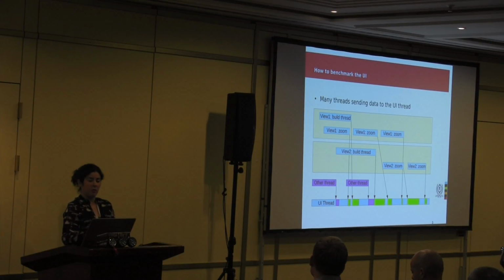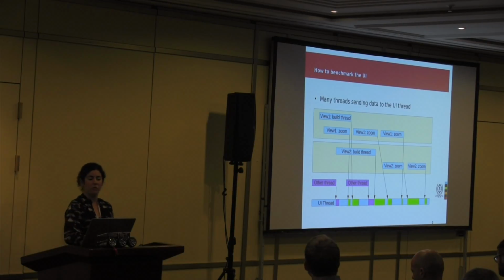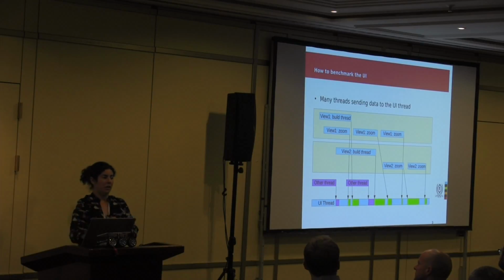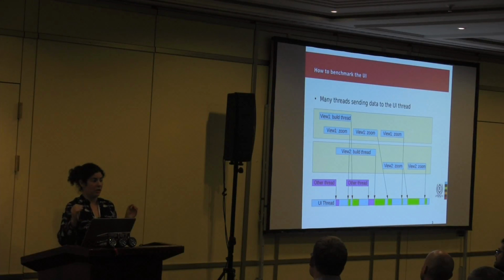Each view will spawn a thread in response to a user action, for zooming and for building data, and at the end it will send a request for refresh to the UI thread. But whenever one of those threads takes too long to send a refresh request, then the user will experience slowness. They will say that the UI does not answer very rapidly.